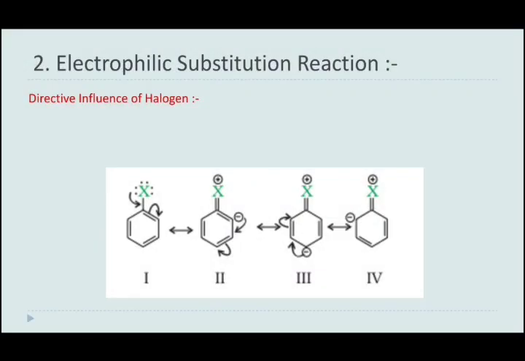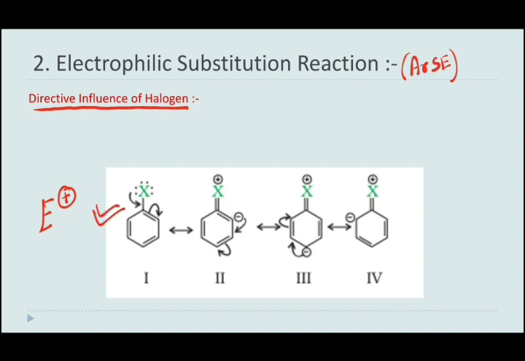Okay, now we will discuss the electrophilic substitution reaction, which is called ARSE, aromatic substitution of electrophile. Before starting it, we will discuss the directive influence of halogen, which means if an electrophile wants to add on the benzene ring, where it will be added due to the influence of the halogen group.